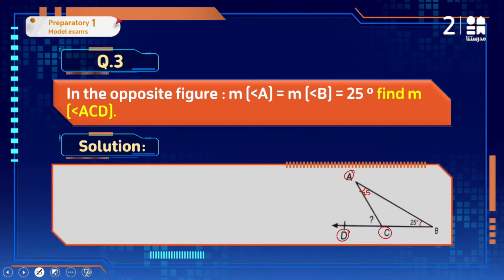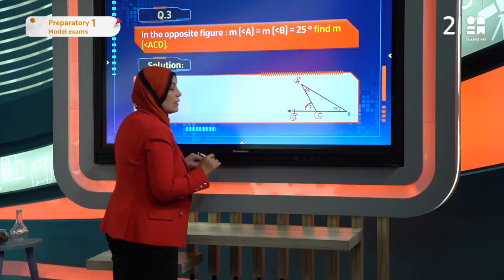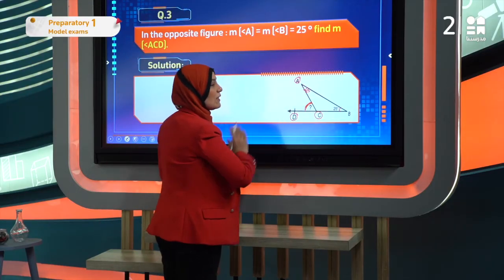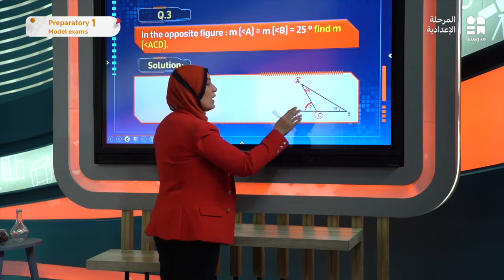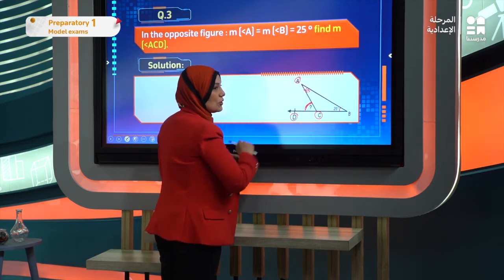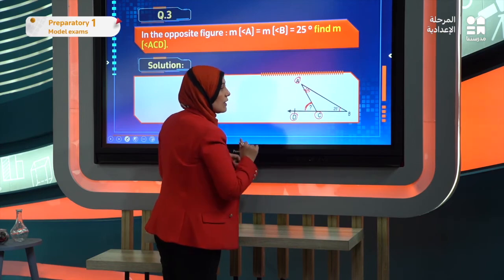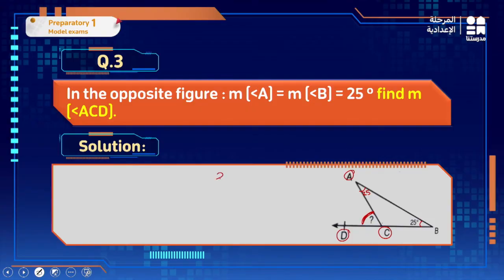We need this one. It represents the exterior angle. How can I find the exterior angle? We have to add the 2 interior angles, not beside it as I said. So it is 25 plus 25, which is 50 degrees.